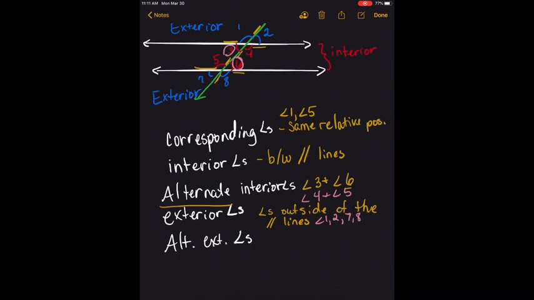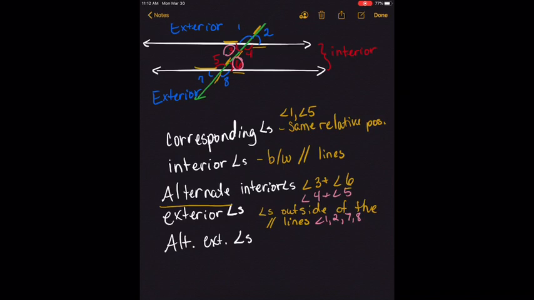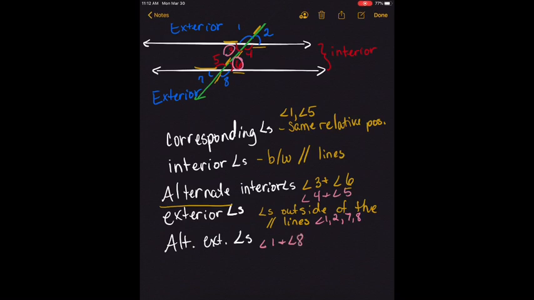Those are all exterior angles. And alternate exterior angles, I bet you guys can guess what those are. They are on the opposite sides of the transversal, but they are exterior to the parallel lines. So an example would be angle 1 and angle 8.